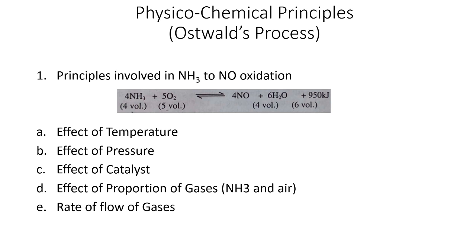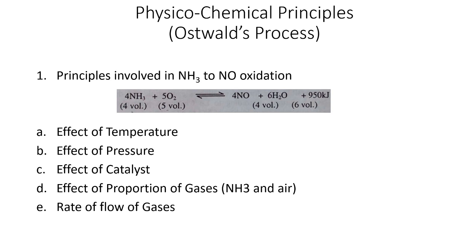And last is rate of flow of gases. Now here, as I told you, the proportion of gases to get converted to product is very less. Okay, so first of all we're using catalyst. Second thing is rate of flow of gases, means here the reactant is gas, product is also gas.